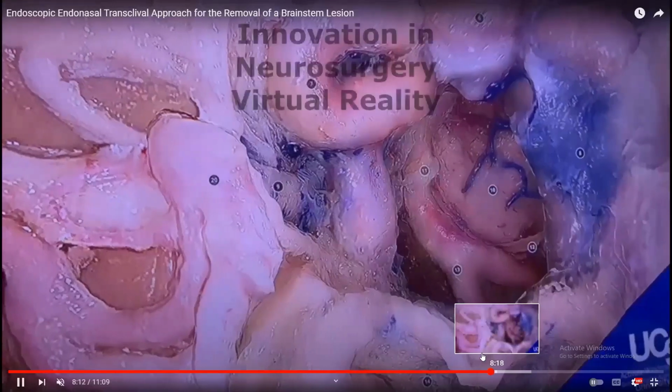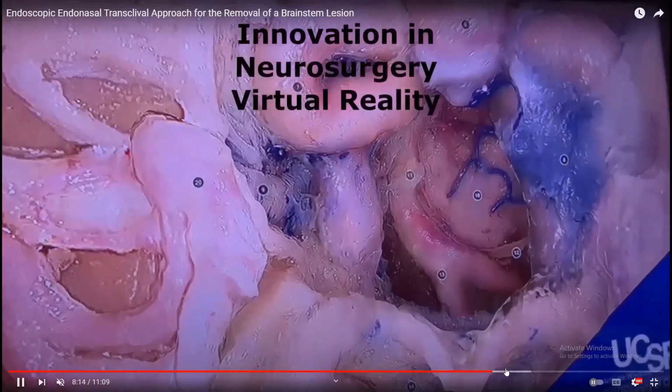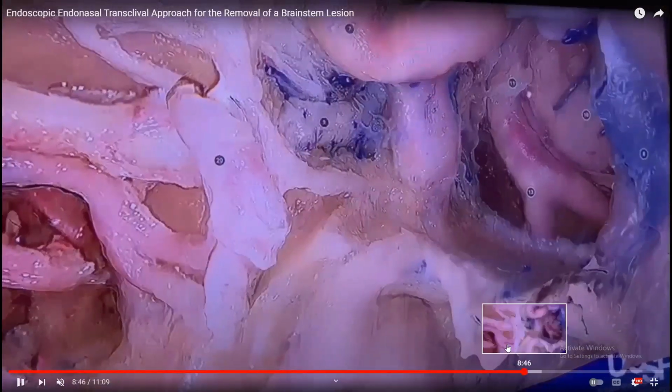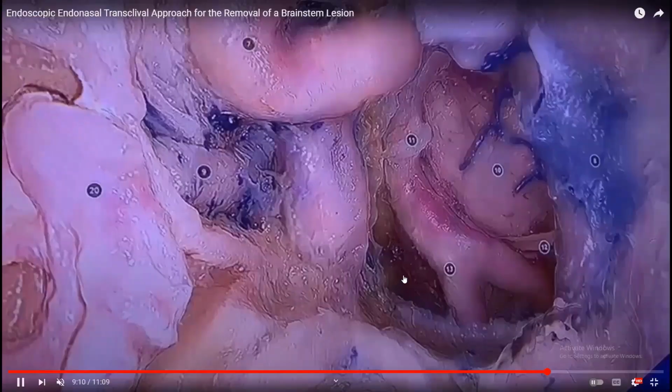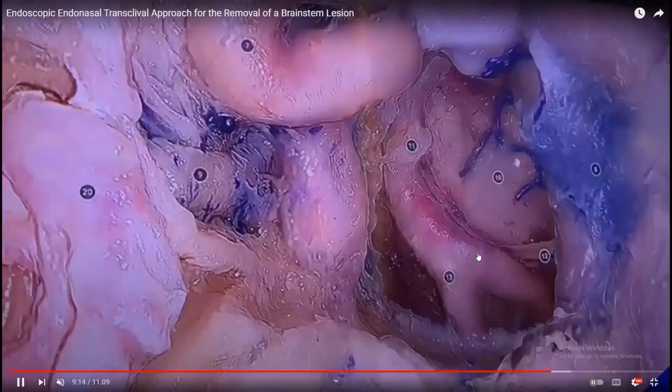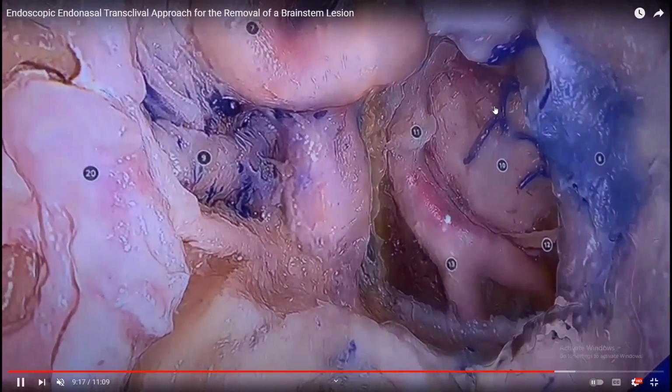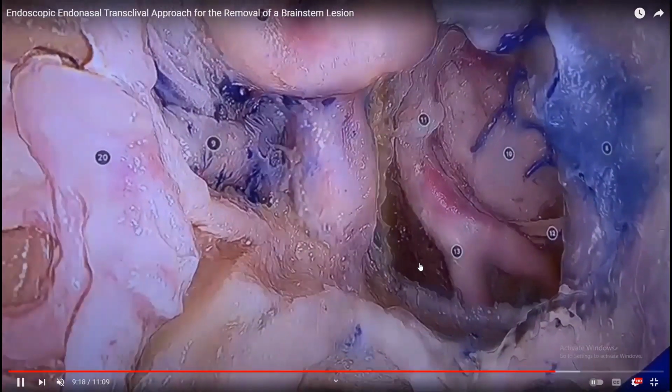So this is the anatomy that we were talking about. So you can see that is the vertebrals, that's the basilar, and that is the tumor.